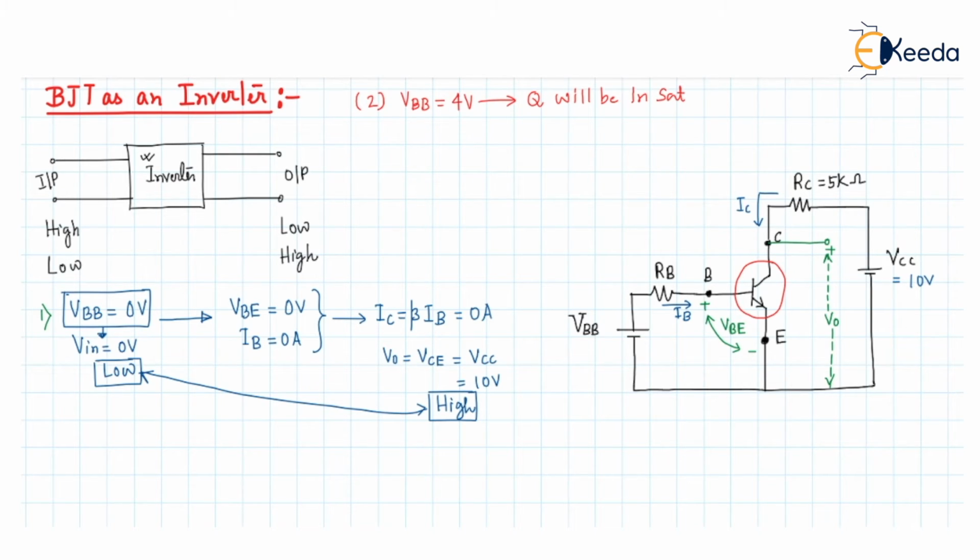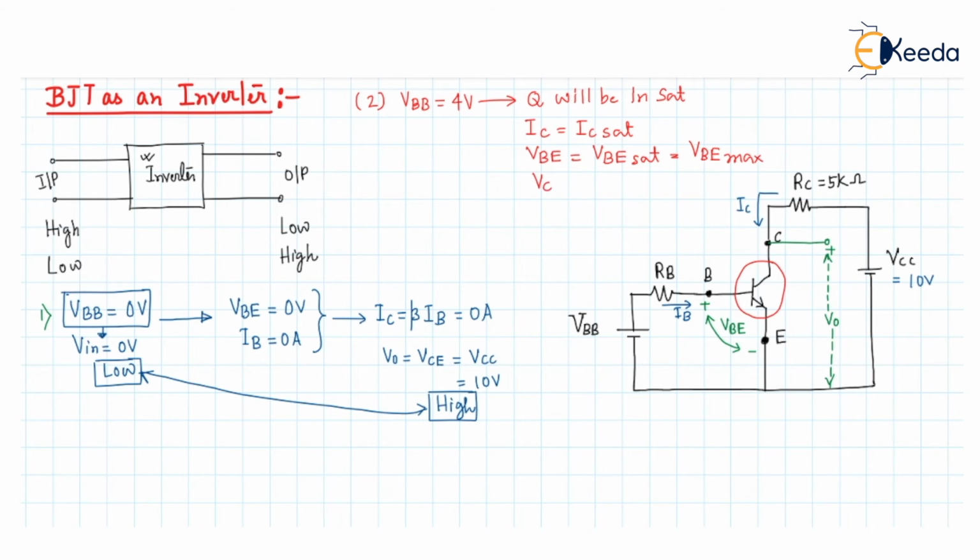Since Q will be in saturation, then we can say that the IC current will be IC saturation, and VBE will be VBE saturation, and it is equal to the VBE maximum value.